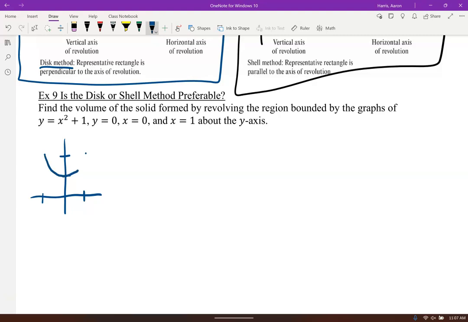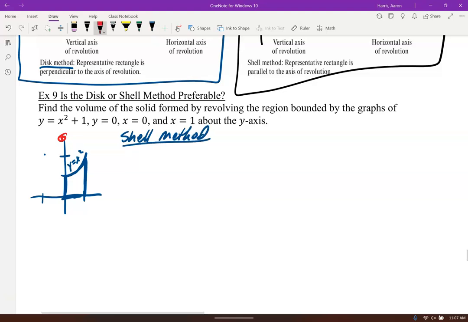Alright, so here's our x squared plus 1, y equaling, oops, let me just do the part involved here. x equaling 0, y equaling 0, and x equaling 1. So that's the bounded region here. Here's my y equals x squared. And let's revolve this about the y-axis, and let's do our shell method first, since we've done that a lot today.